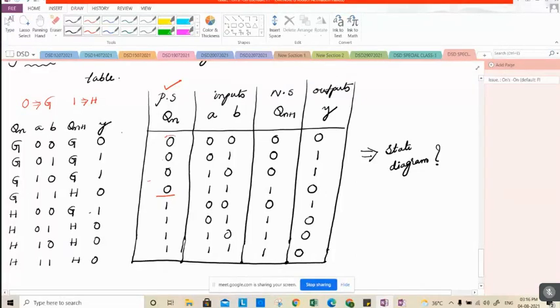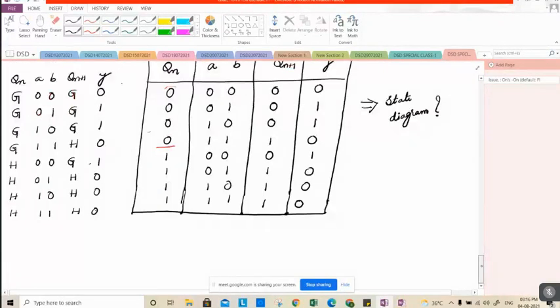Is this clear for everyone? Right. Now we have 2 states here. G is one state and H is another state. If the present state is G and 0, 0 is my input, the next state is also G, with 0, so 0, 0 by 0.